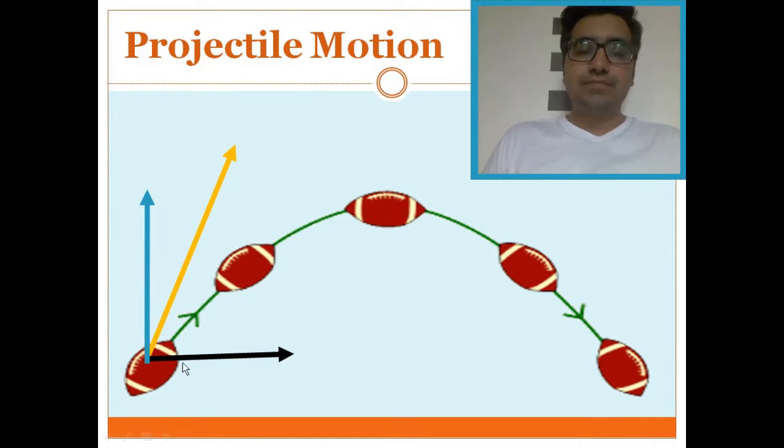Is that clear? Whereas the horizontal component of the velocity remains constant if we ignore the air resistance. So the horizontal velocity is a constant velocity, so we can say that horizontal motion is a uniform velocity motion, whereas the vertical motion is motion under gravity or uniform acceleration motion.